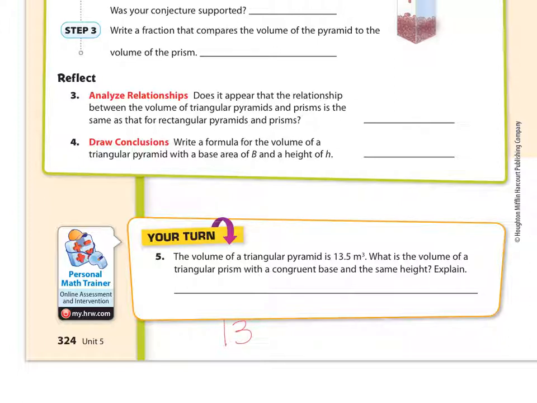Well, this one's working the other way around. A prism is bigger, so you would multiply this one by 3. And 13.5 times 3 is 40.5 meters cubed. Now, if it gave us the prism and wanted the pyramid, we would divide by 3.